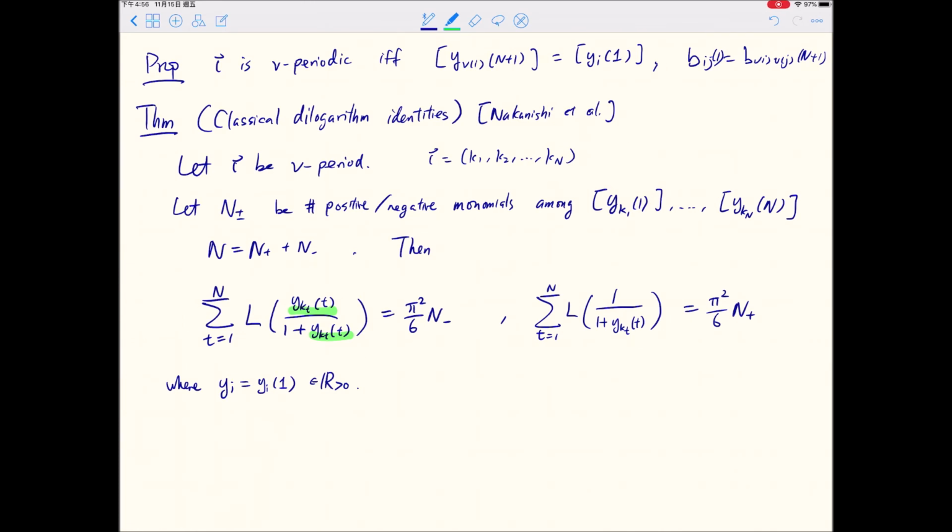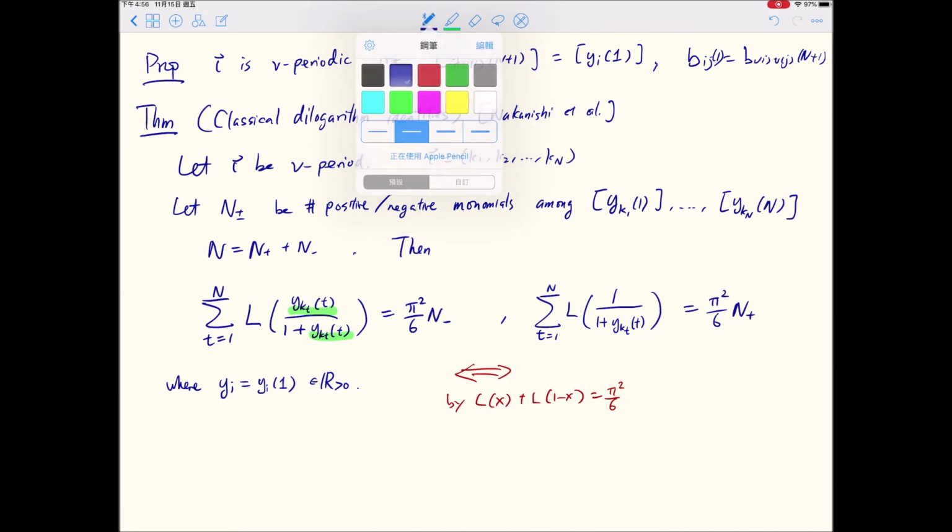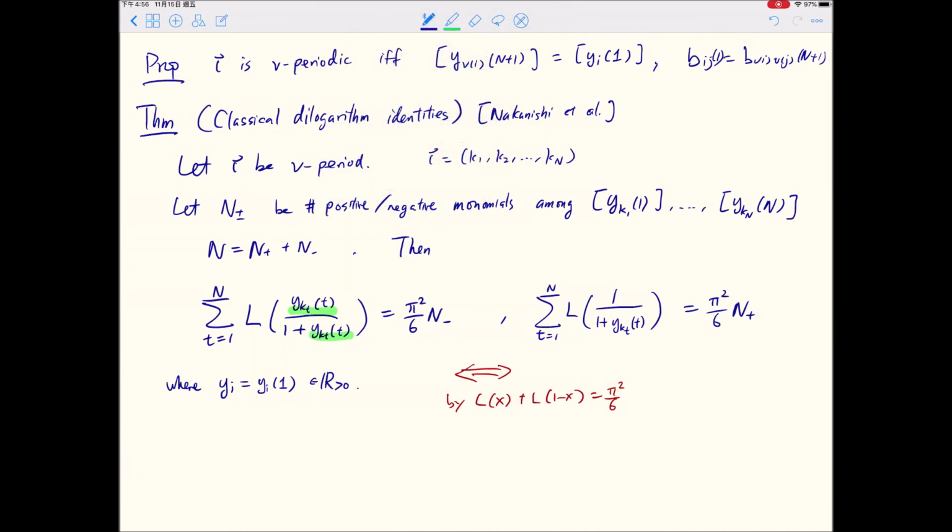And of course these two are related to each other because of the reflection equation that we've seen before, together with the fact that n plus plus n minus is just n. So one can also rewrite this in a single equation.